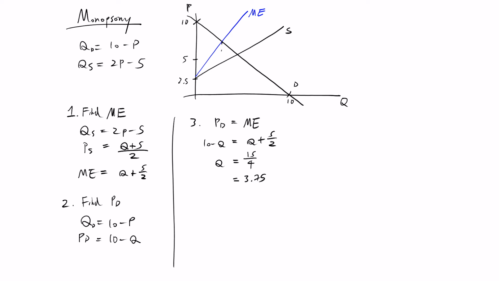So this is 3.75, and the salary or wage is determined by the supply curve at that point.